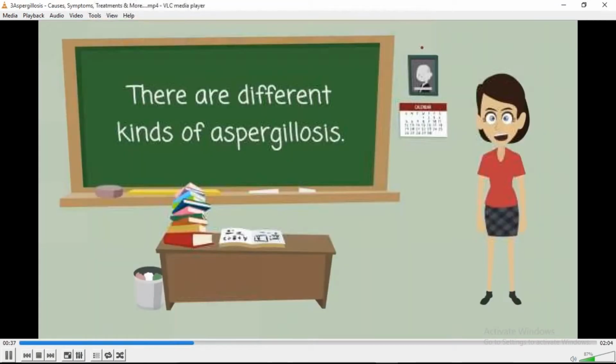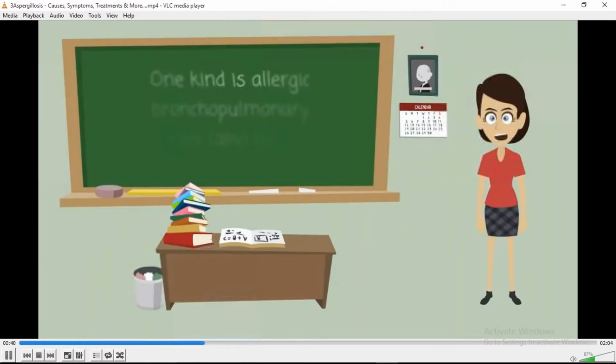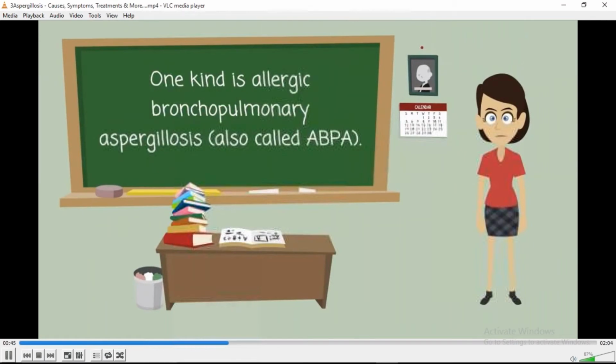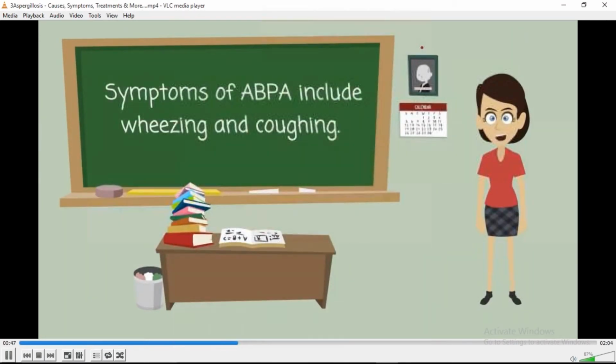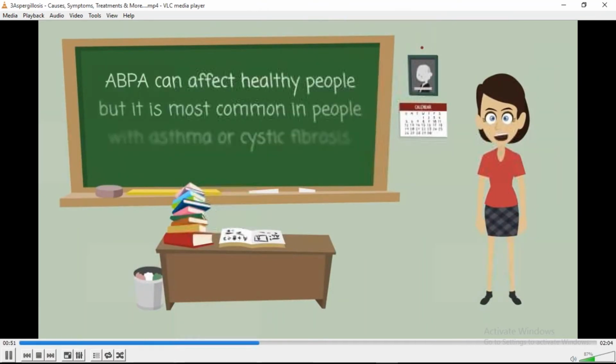There are different kinds of aspergillosis. One kind is allergic bronchopulmonary aspergillosis, also called ABPA. Symptoms of ABPA include wheezing and coughing. ABPA can affect healthy people, but it is most common in people with asthma or cystic fibrosis.